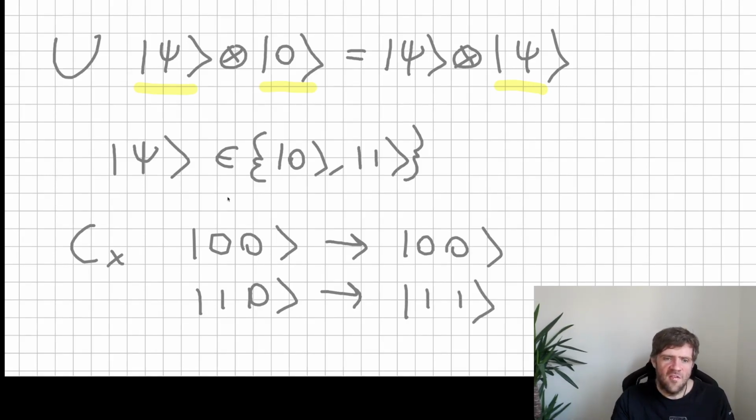So whatever is on the control gets copied onto what is on the qubit of the target, assuming that the qubit of the target is initially in the state 0. So we can copy bits. That is something that's perfectly valid.